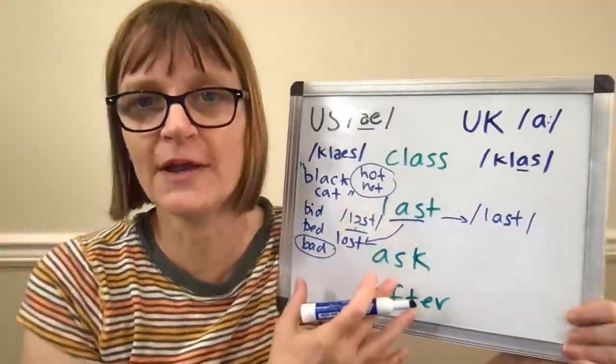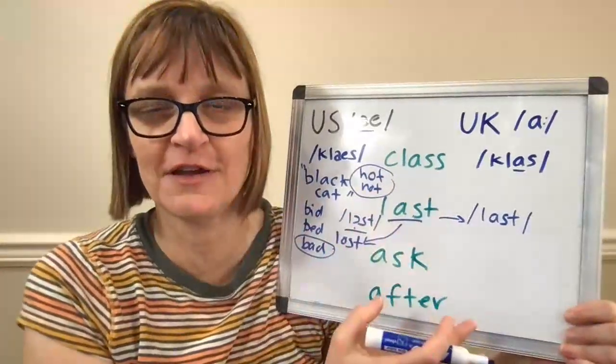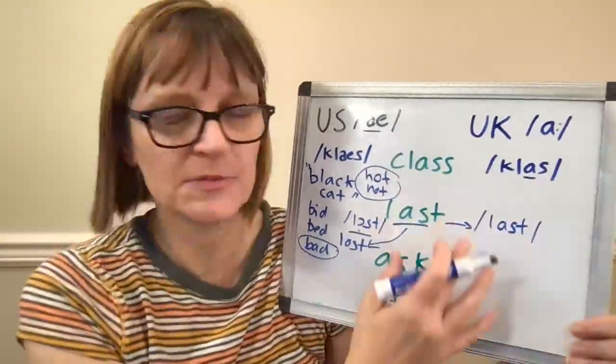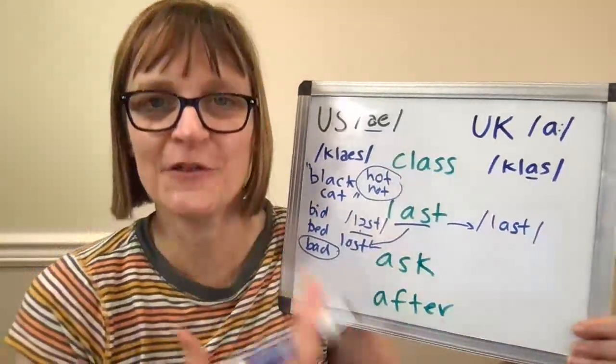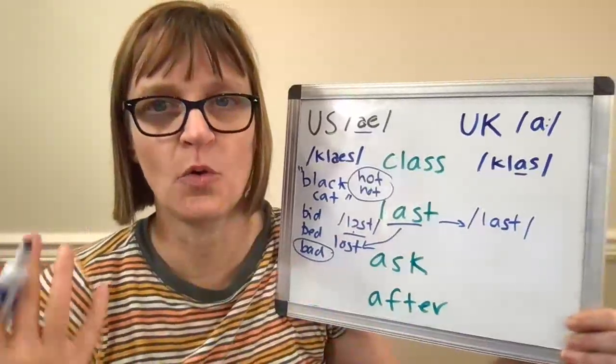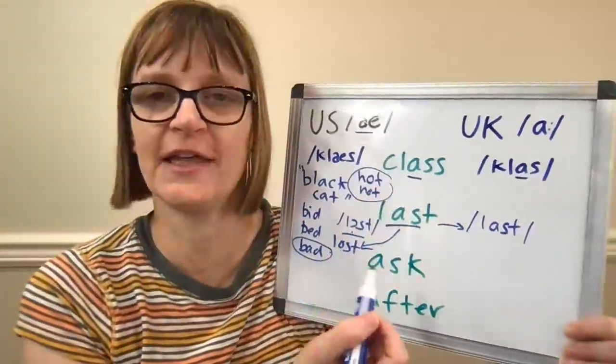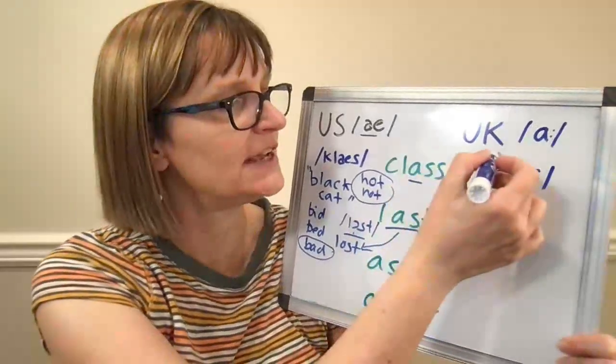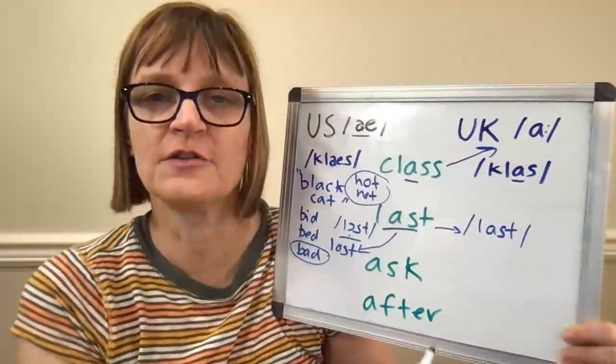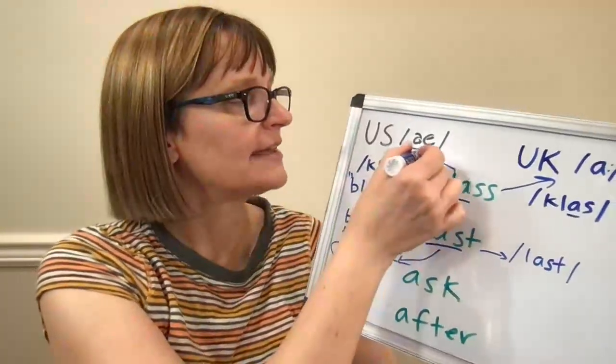So being aware that this vowel is different in the two dialects can be helpful. Many times British English is taught in other places in the world, or your tendency, because of your native language, seeing letter A, you might have a tendency to gravitate towards this ah sound rather than the ah sound that's in English.